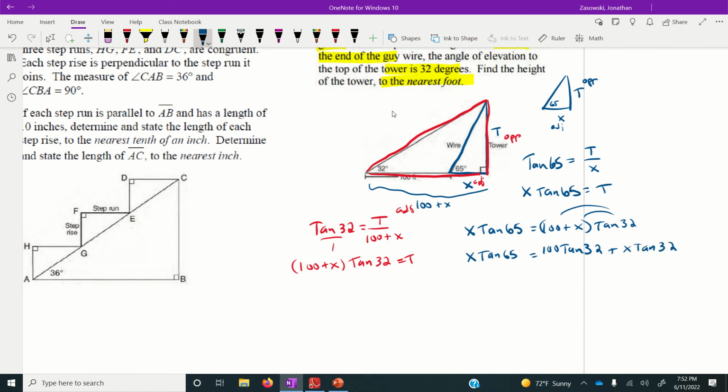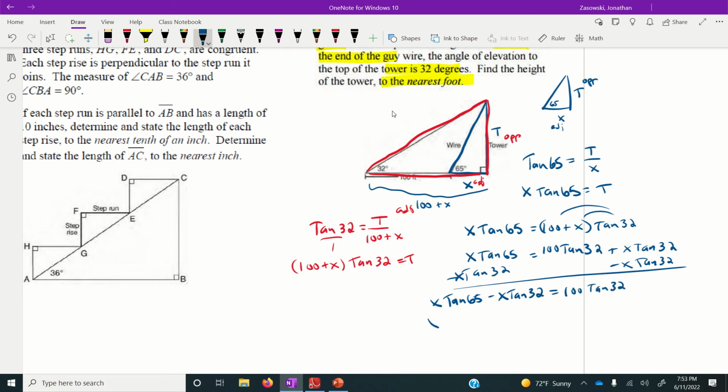Now I want to get all the x's on one side, and then I'm going to factor out the x. So I'm going to move the x tangent of 32 to the other side. All right, so I'm going to subtract. So I'm going to get x times the tangent of 65 minus x times the tangent of 32 is equal to 100 times the tangent of 32.